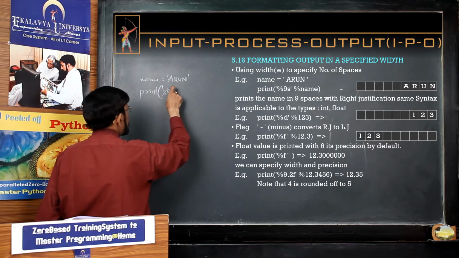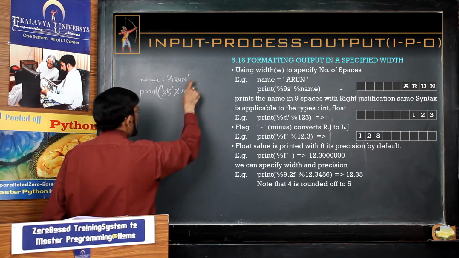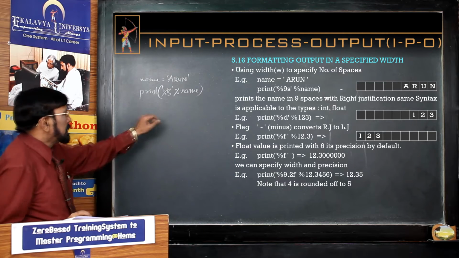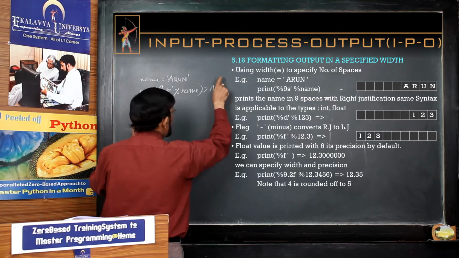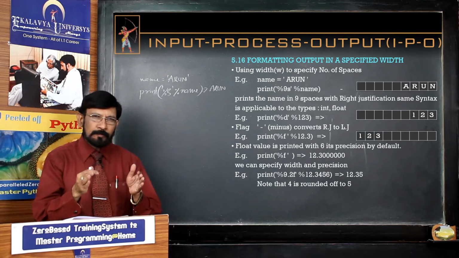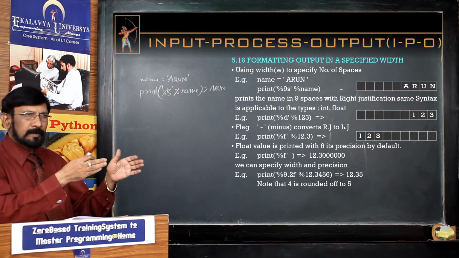Yes. Here, percentage s, name. This is the syntax we write. As a result of that, what happens? Arun is printed. But you want to print them with a different width.